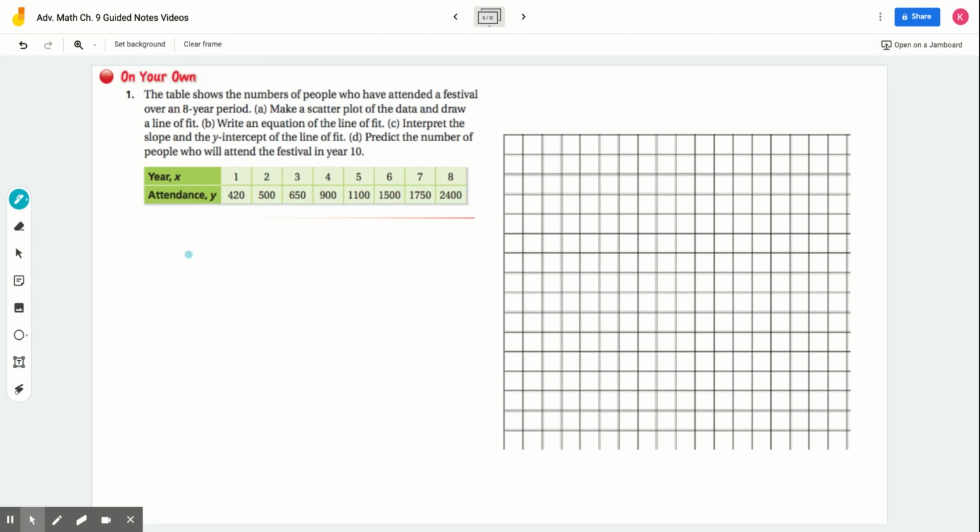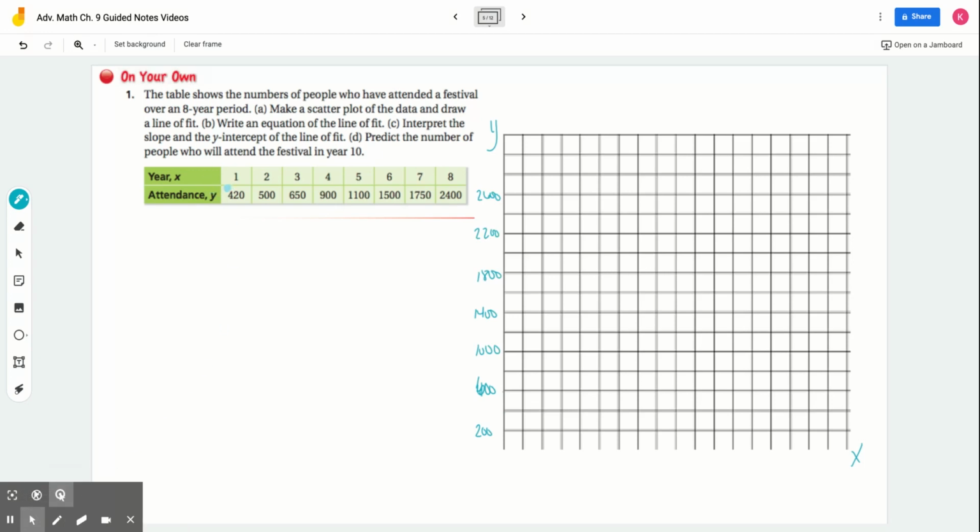Here I see that my data goes from about 400 to 2400, so I have decided that I can count by 200s all the way up my y-axis. Again, I'm not going to label every single one. I'm going to count by 200s and label every other one. Go ahead and label your y-axis now.